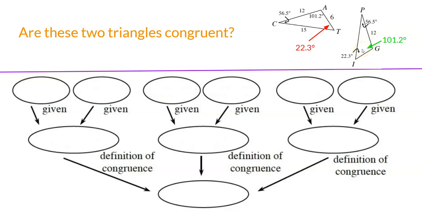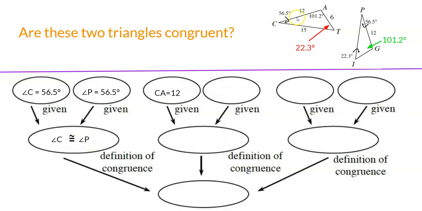Now let's identify what we are looking for. We want to start off with an angle, and I have angle C right here, which is 56.5 degrees. So we have to find our other 56.5 degrees, which is angle P. So at this level of the flowchart, we can say angle C is congruent to angle P. The next one we have is a side.